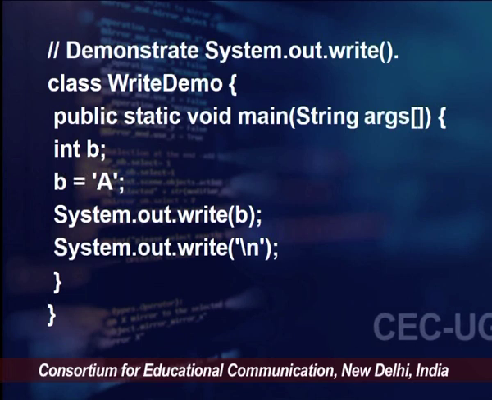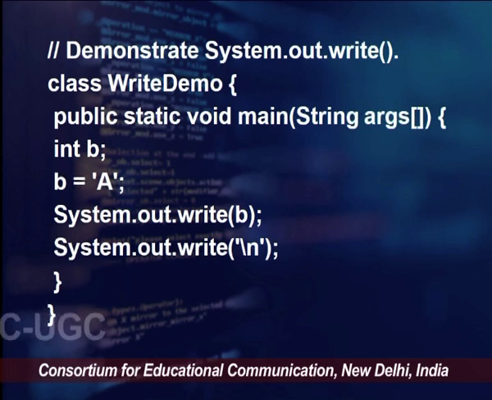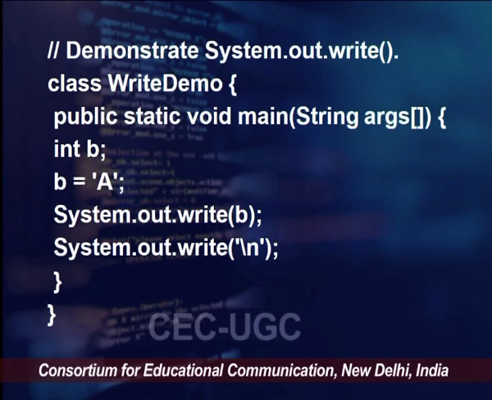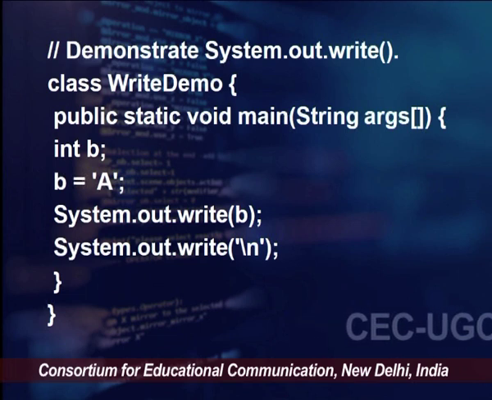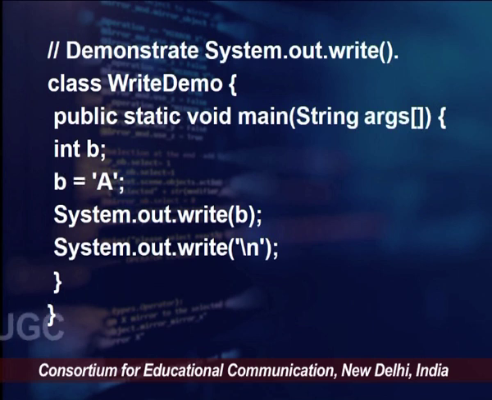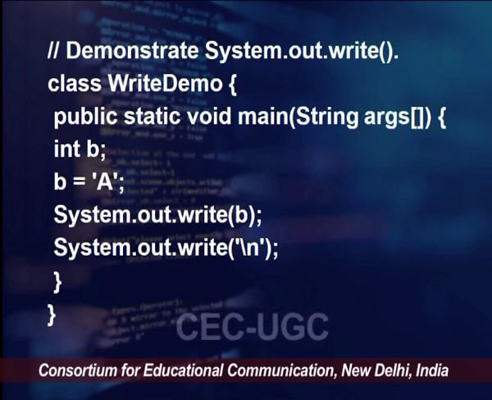Then System.out.write(b), and then we are going to print a particular line by using System.out.write and within the brackets \n. So, what will be the output of this program?